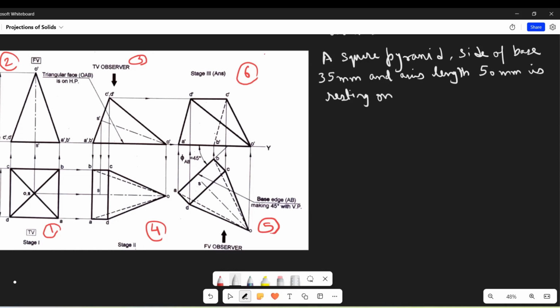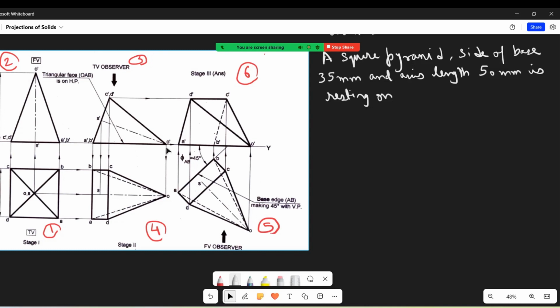Now you can see it is resting on HP because front view is touching the XY line in the stage 2. But what we see here, is it resting on its base edge or is it resting on its corner? No, it is neither resting on its base edge nor on its corner. But we can see that it is resting on how many points?